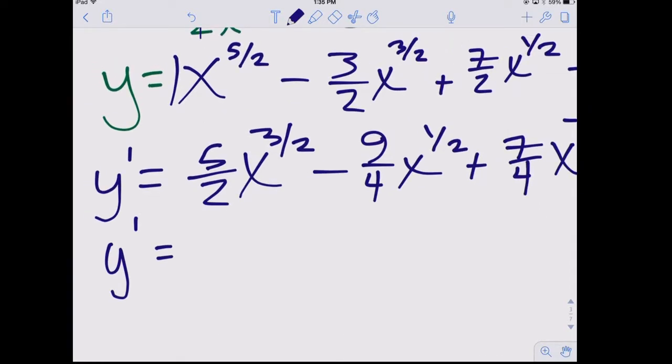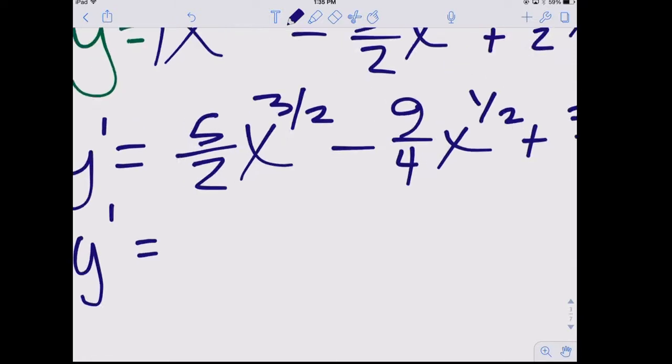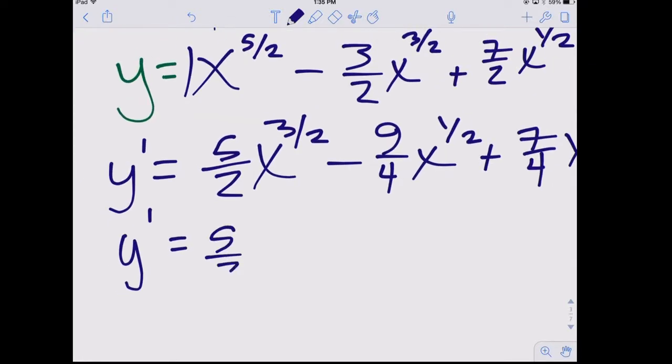Let's go ahead and get rid of the negative exponents and put it back into radical form, okay? So the 5 halves is cool, but then the x to the 3 halves puts it back as, is it the square root of x cubed or the cube root of x squared? I don't know. Square root of x cubed? Yeah, you're right. Because remember, the denominator is the root, right? Because they grow in the ground in the denominator where the roots are.